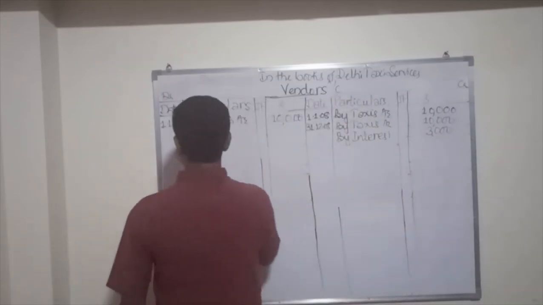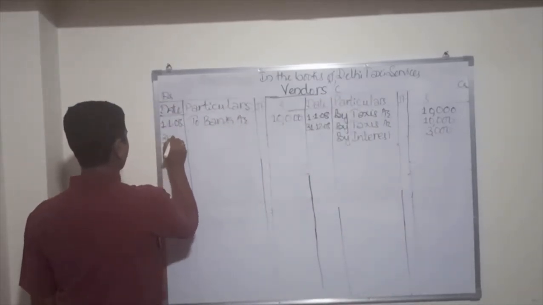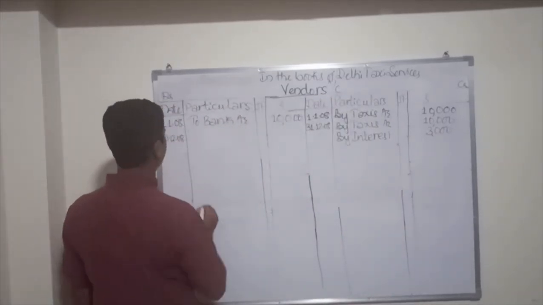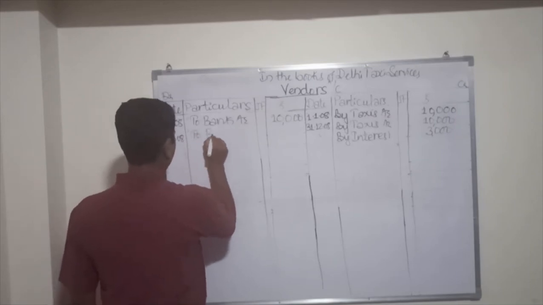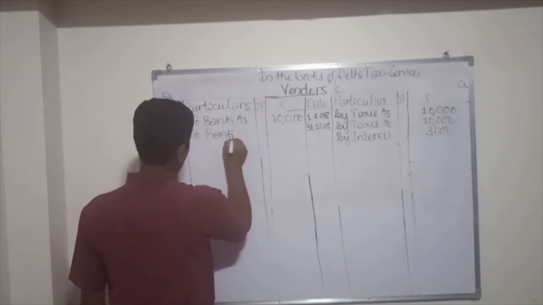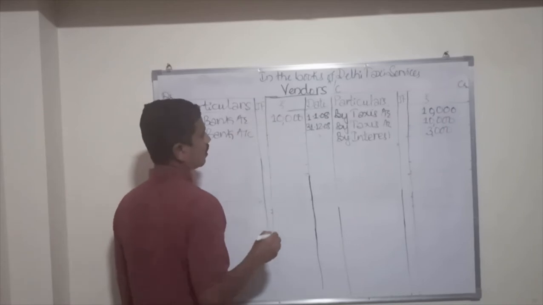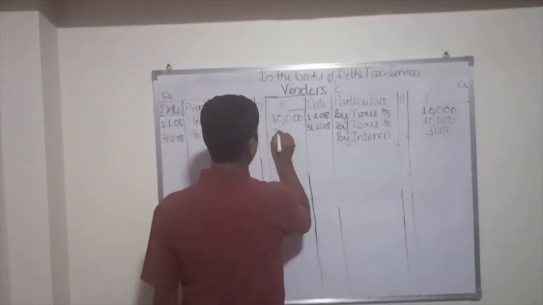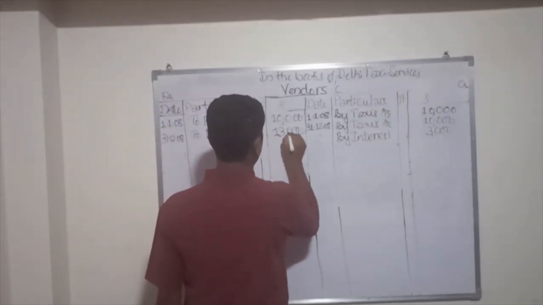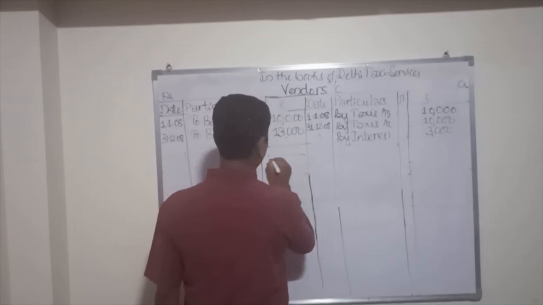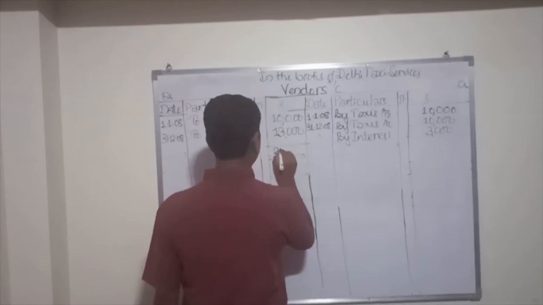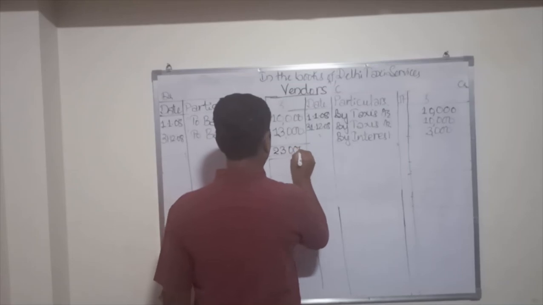So when the first installment is paid on 31/12/2008, then the entry will be vendor's account debit to bank account. So this is the first installment which is paid by the purchaser here, that is 13,000. So when you take up the sum of this here, 23,000.